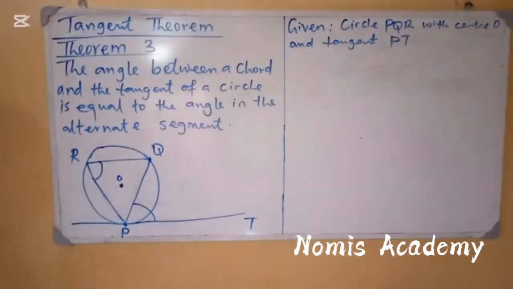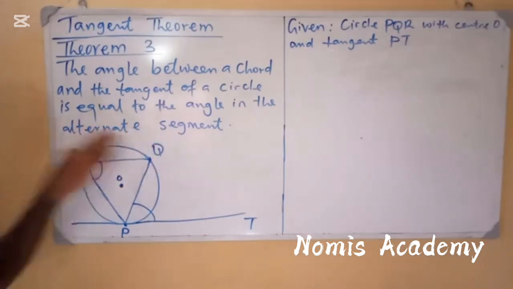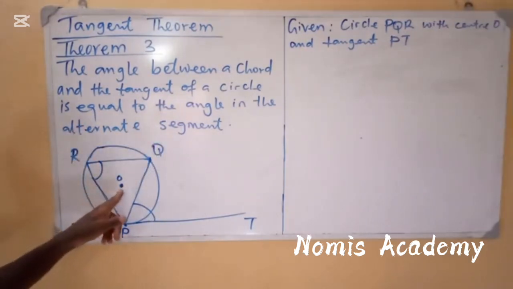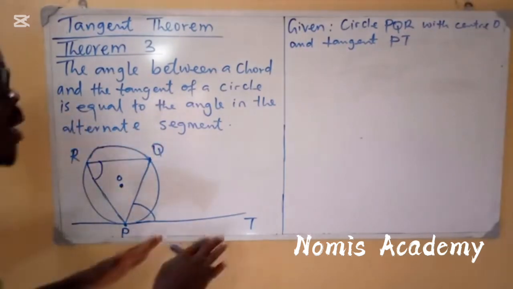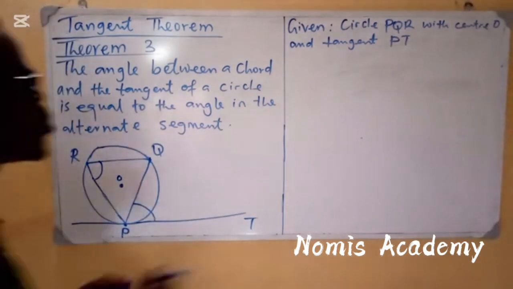Okay, so we have a circle PQR, center at O, and then a tangent PT. All right, so let's continue.